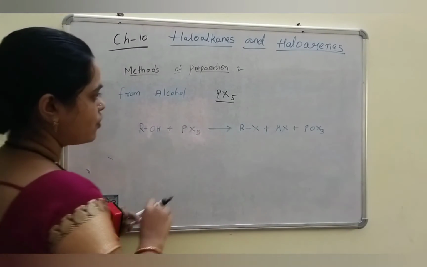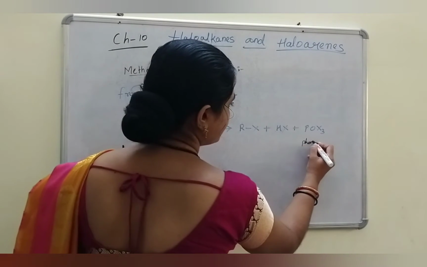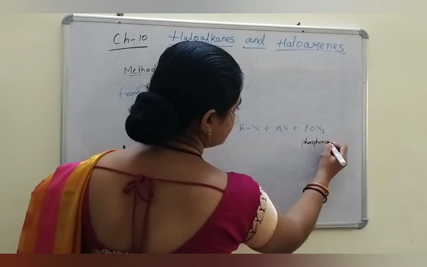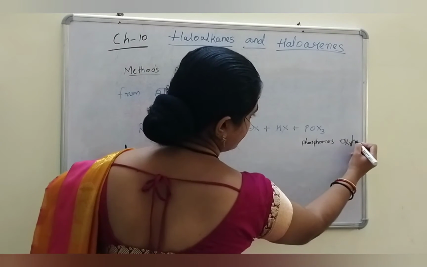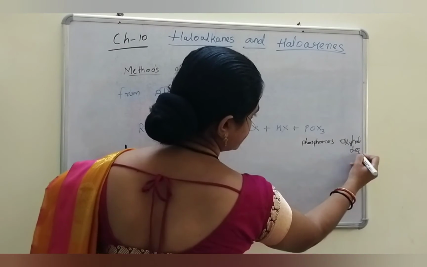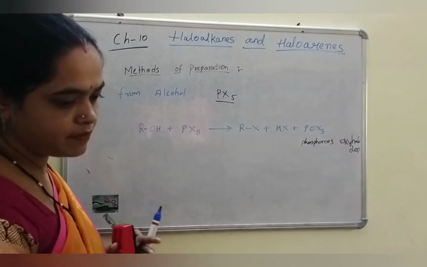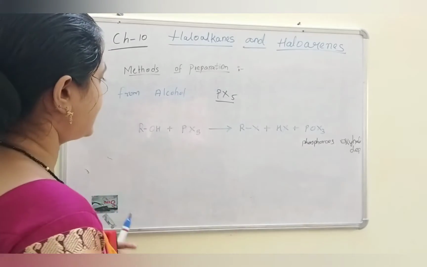The name of POX3 is phosphorus oxyhalides.